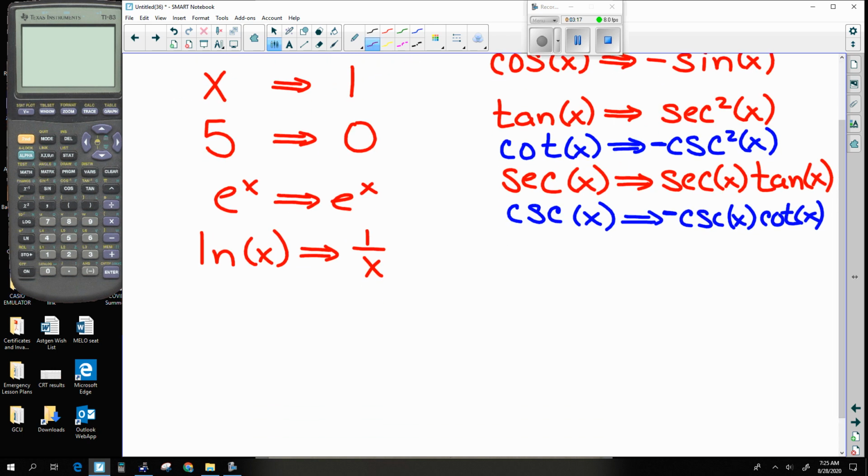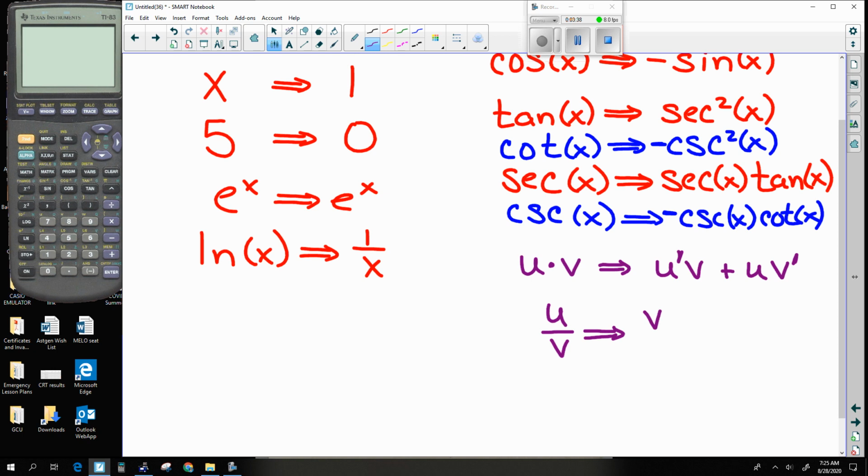Where are we at? We know the product rule. The product rule, u times v, it's going to be u'v plus uv'. It's the derivative of one and then the derivative of the other. U divided by v, the quotient rule, bottoms up.